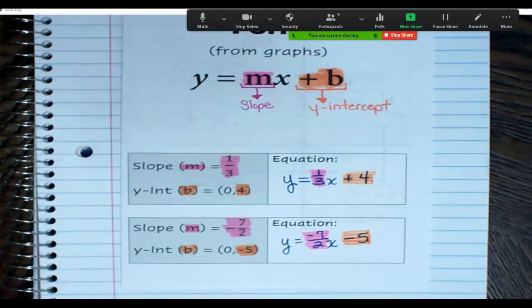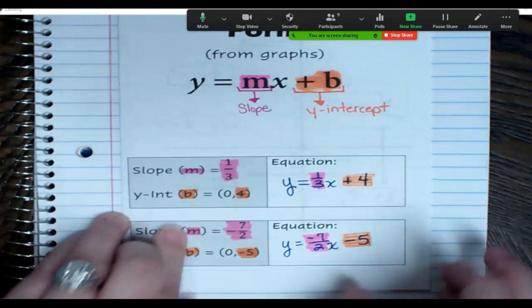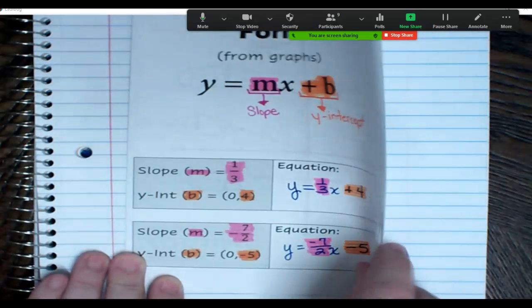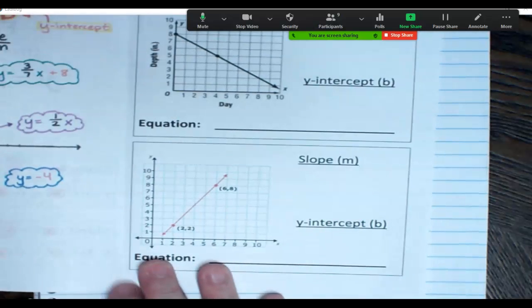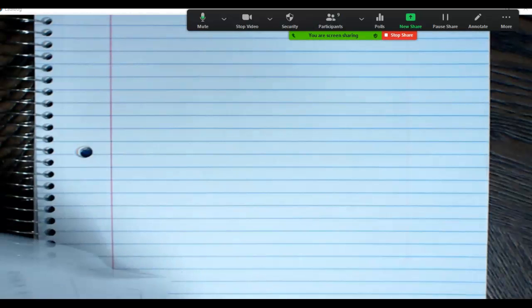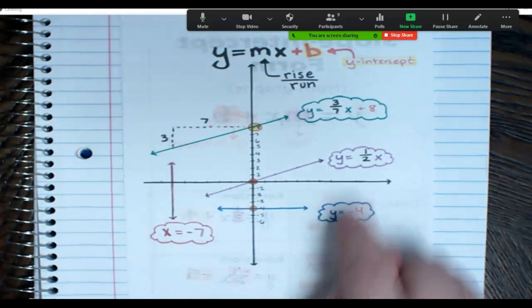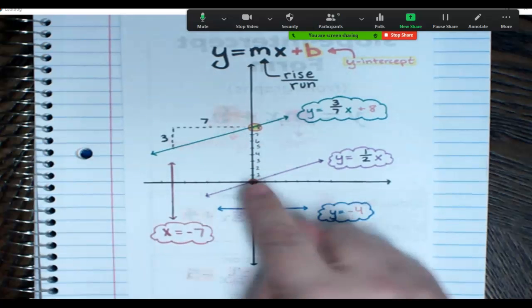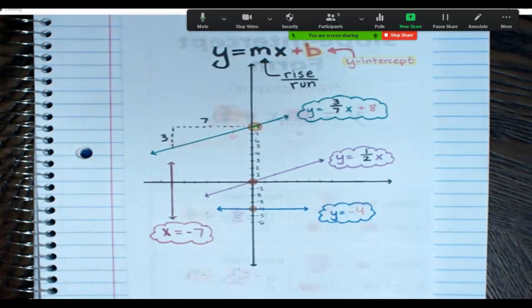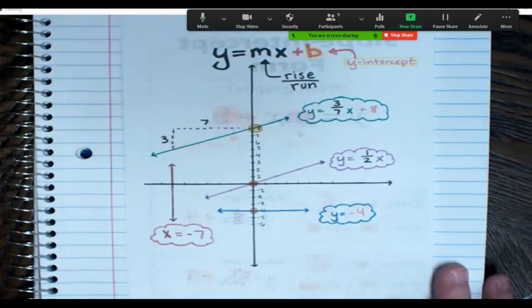All right. Now let's put this together with some different examples. Let's open the page. Notice I printed these in color for you so that way you can have some color-coded notes, because each equation in the equation bubble matches the same color line. So let's talk about these.